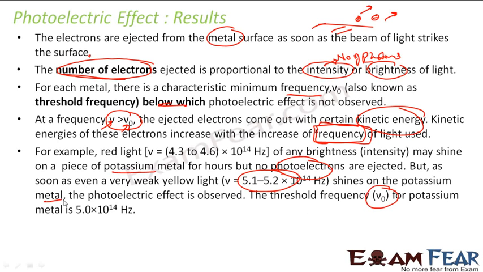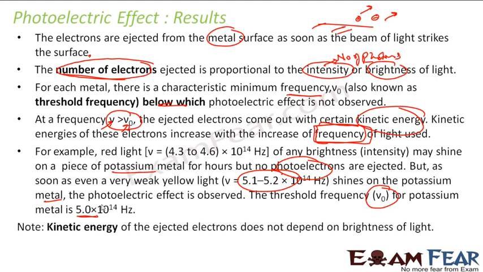Thus, the light frequency should be more than the threshold. Once again, the kinetic energy does not depend on the brightness of the light. It depends only on the frequency of the light.